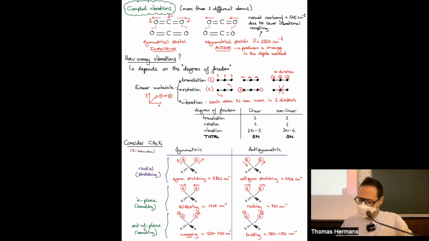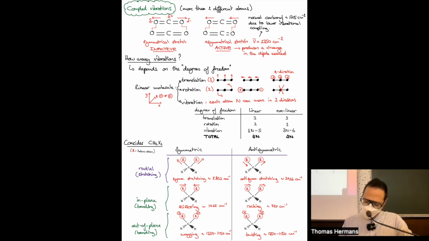For nonlinear, also 3, because that's just up, left, or in the board. We have rotation. So for linear, we saw it's 2, because this one here doesn't change anything, right? But if you have a nonlinear molecule, you have also 3 degrees of freedom in rotation.